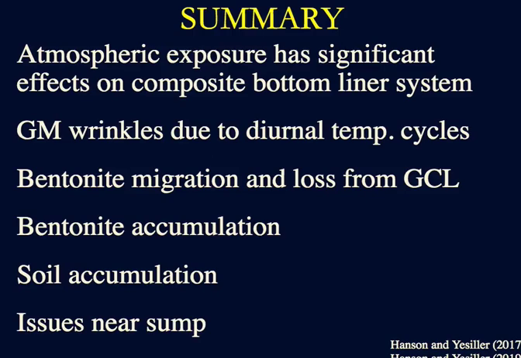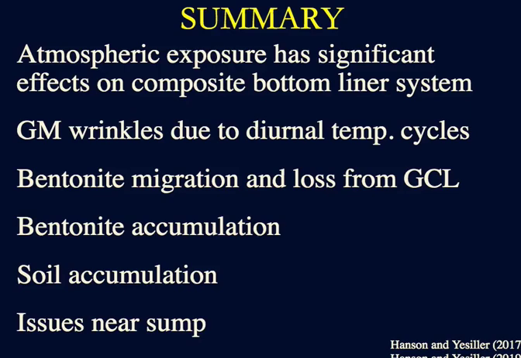So in summary, the atmospheric exposure of a composite liner system has significant effects on a bottom liner system. And timely cover certainly is relevant in this case, and avoiding this situation altogether is prudent. Geomembrane wrinkles are present due to diurnal temperature cycles of an exposed system.